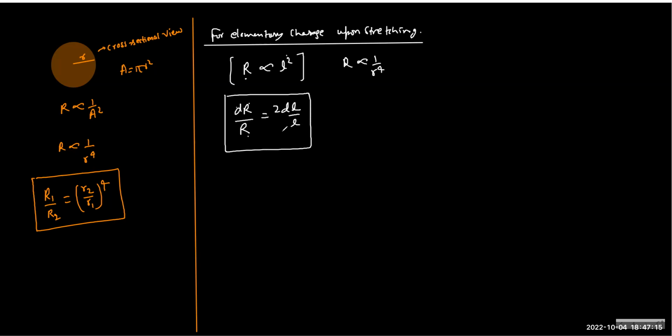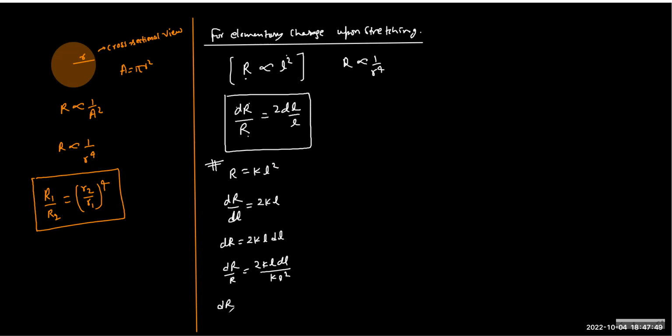If you want to derive from scratch, those who are not happy with this way of writing, for them you can write R equals some constant k times L squared, then dR by dL is 2kL. Now to get rid of k, you can write dR equals 2kL dL, and therefore dR by R is 2kL dL upon R, and R is how much? kL squared.